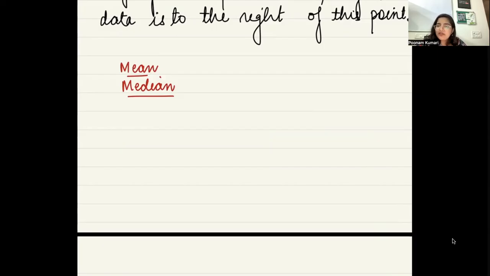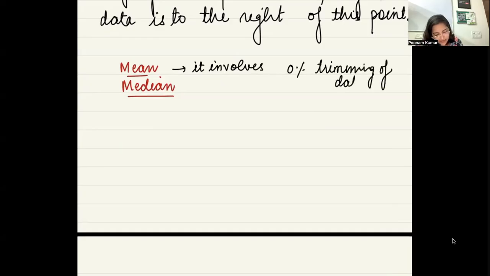While calculating mean, we are considering every single value. So can I say that it involves 0% trimming of data? Trimming of data means removing data, trim kar dena, just chop, cut kar do. In mean there is no removing of data, because you use every single point.